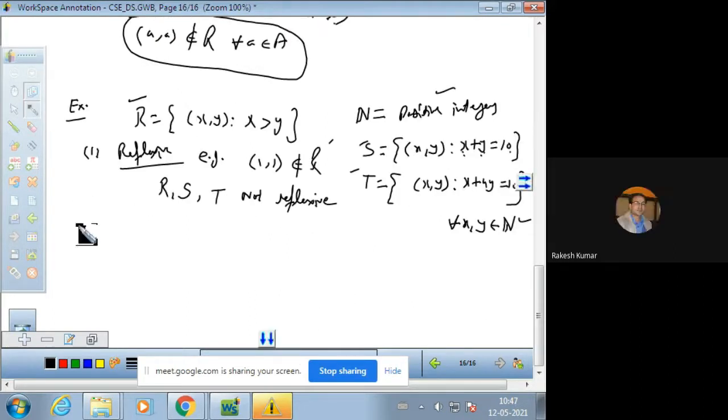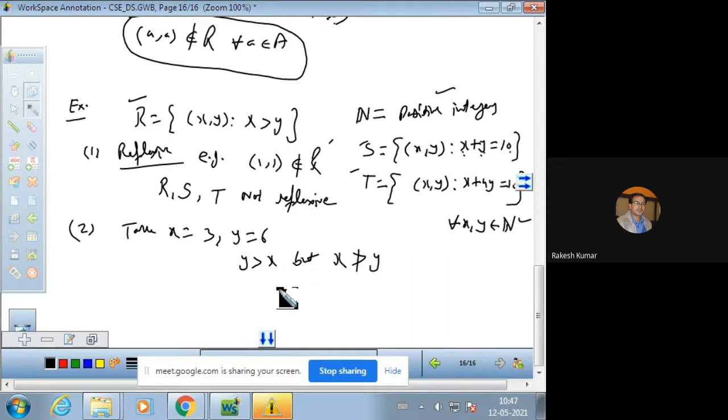Talk about the symmetric property. When you take x is equal to 3 and y is equal to 6, then clearly y is greater than x, but x is not greater than y.